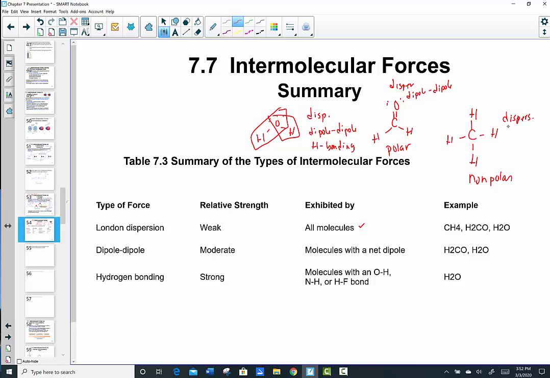Nonpolar molecules, only dispersion. Polar molecules, dispersion and dipole-dipole. And if the polar molecule meets the criteria of hydrogen bonding, it would contain all three, a very, very tight, sticky molecule.